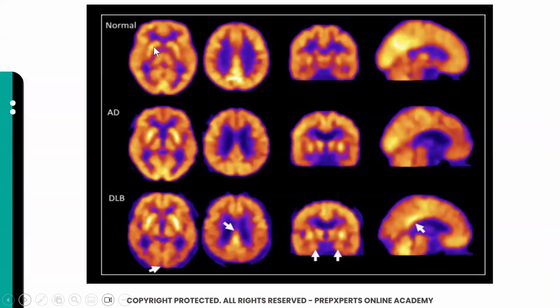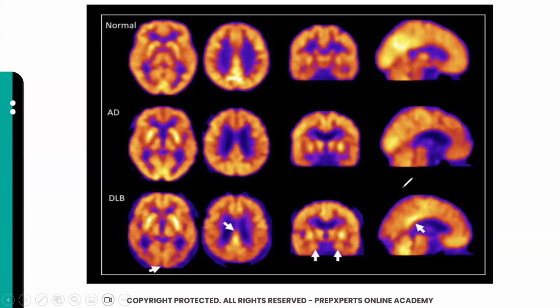This is the PET imaging. This is your normal brain PET, okay? And you can see here, this is your Alzheimer's disease. And we can appreciate that there is hypometabolism in these areas. But in this disease, we can see that this area is preserved. Rather, there is hypometabolism in the occipital lobe areas, okay?